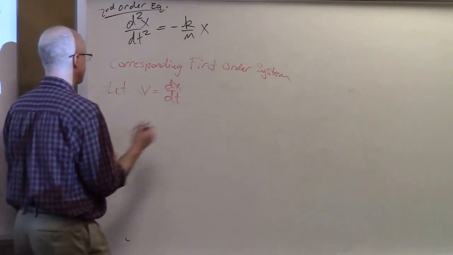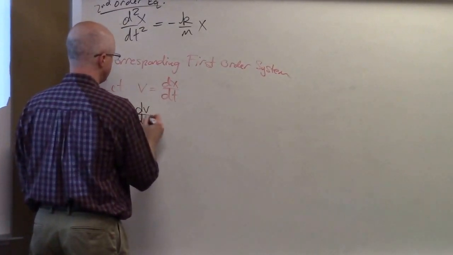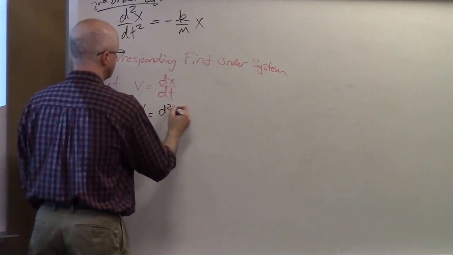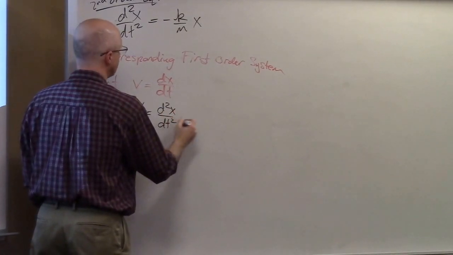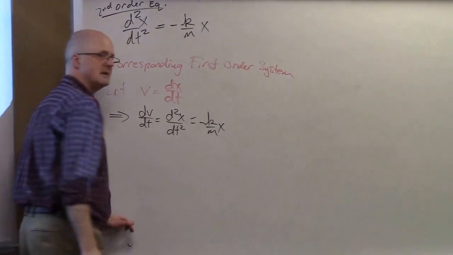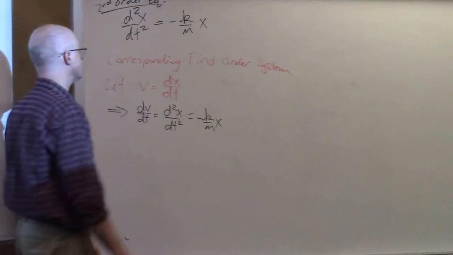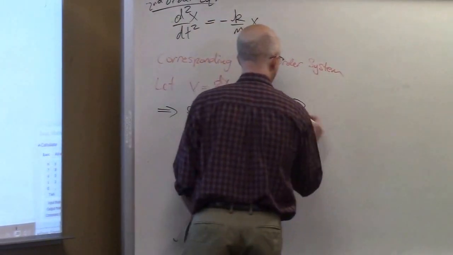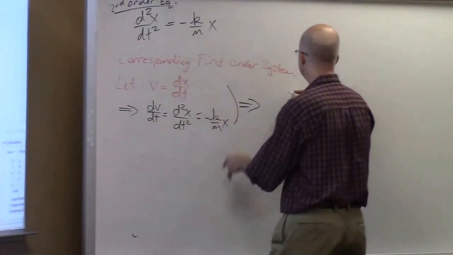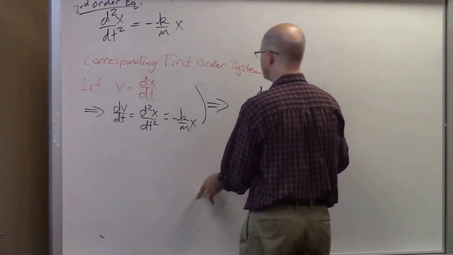The other equation is found by differentiating both sides of it. dv/dt is the second derivative of x with respect to t, which is negative k over m times x. These two equations together form your first order system, though they are more often written with dx/dt on the left side of the first one. dx/dt equals v.